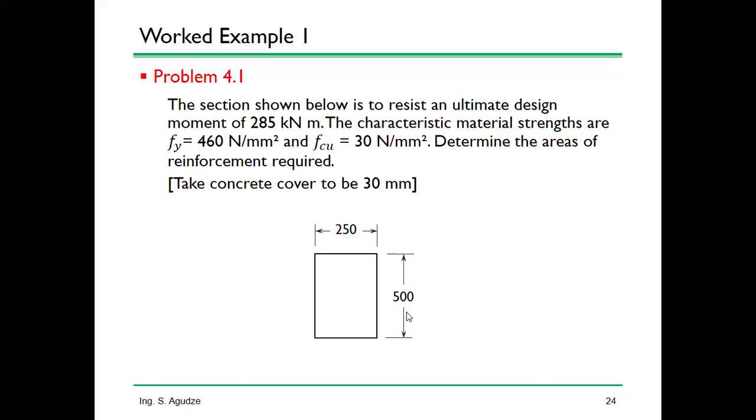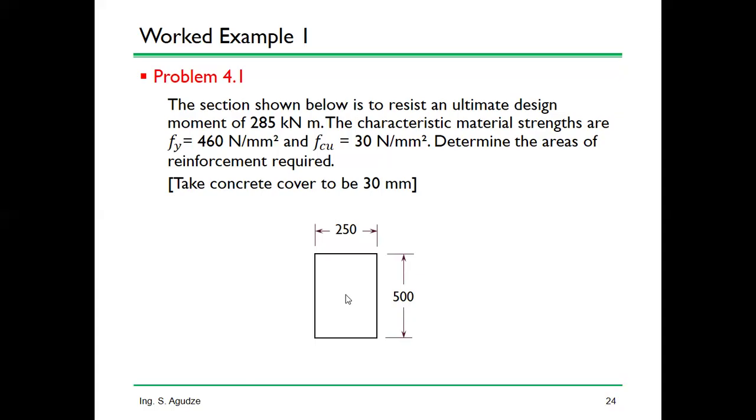So you remember, as we learned in lecture 3, if the cross section has not been given, you have to decide on what we call the preliminary sizing, and you will be able to get the width and the depth, or the overall depth of the section. Is that right? Good.